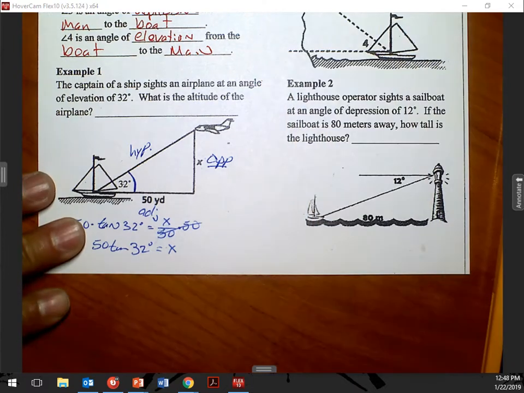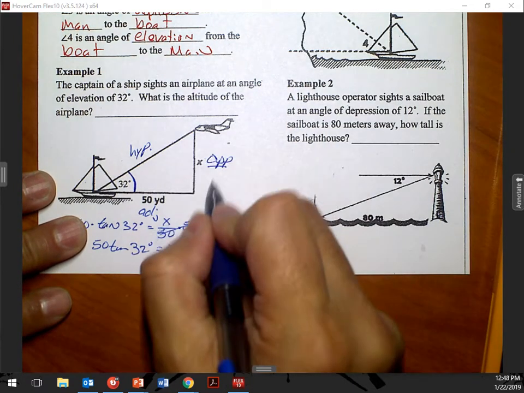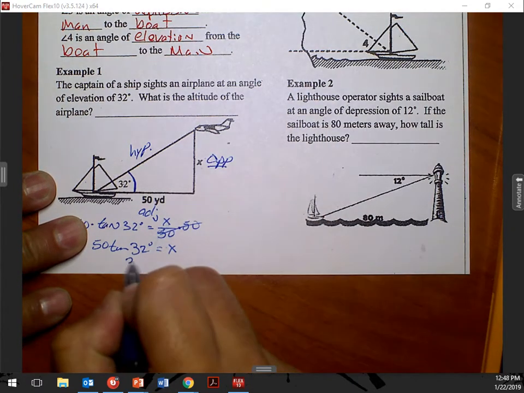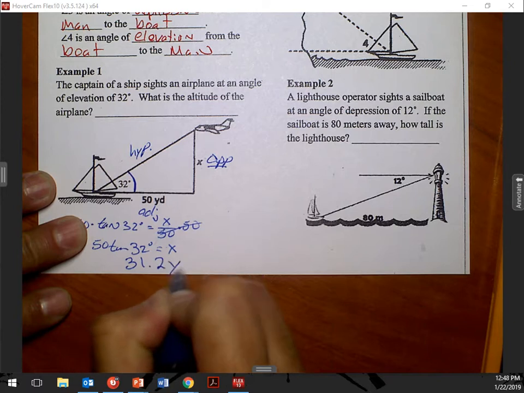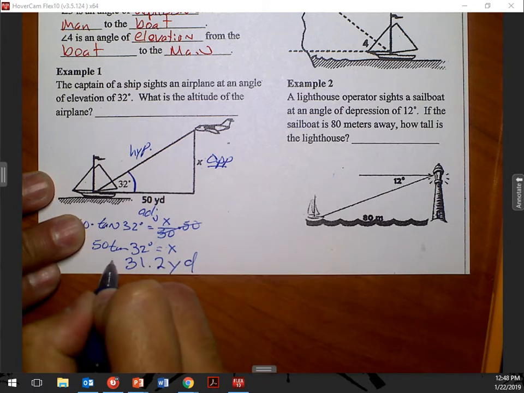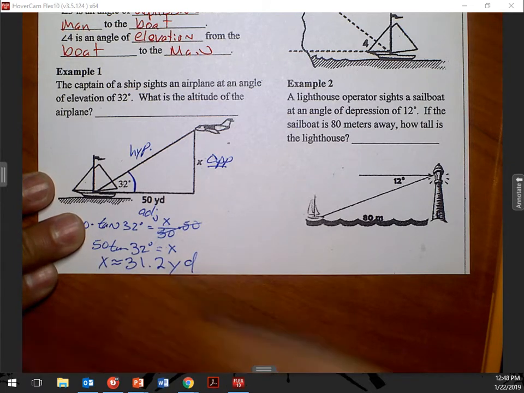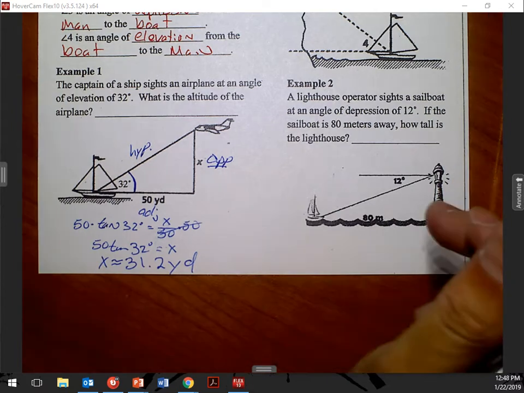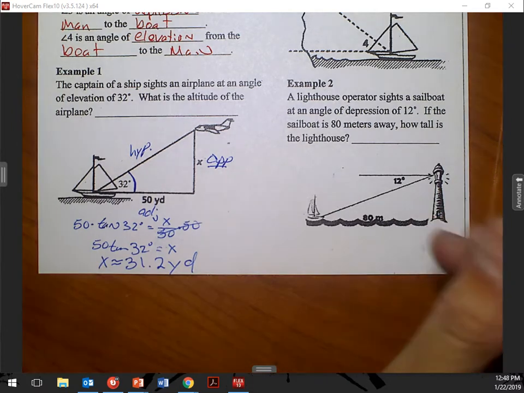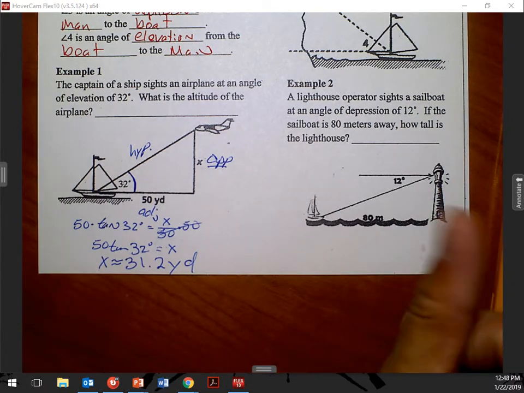What are my units? Very good, 31.2 yards.